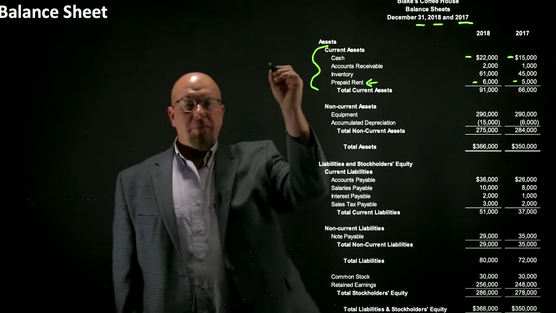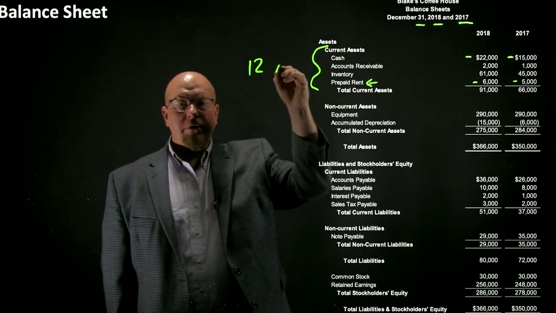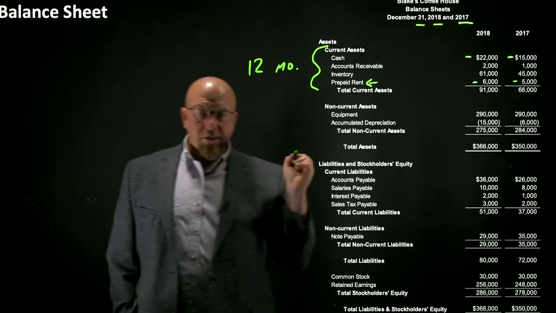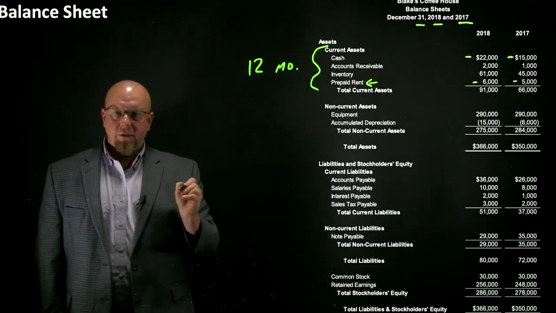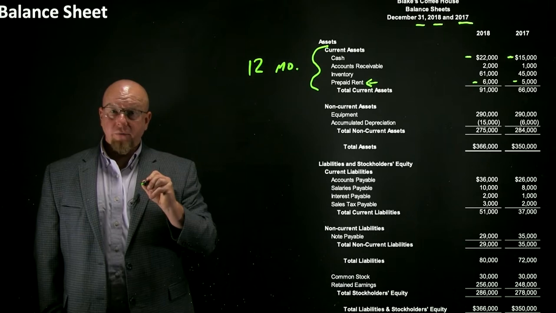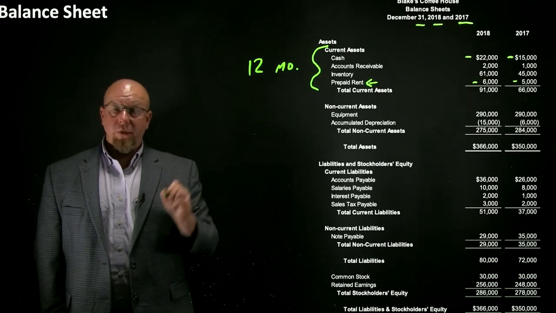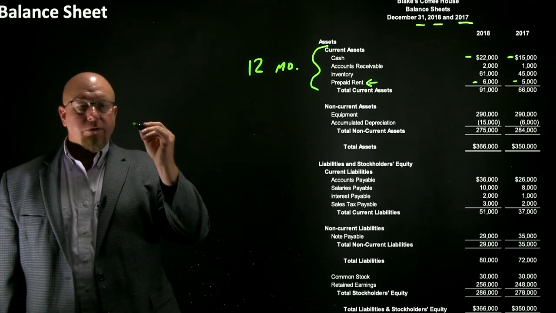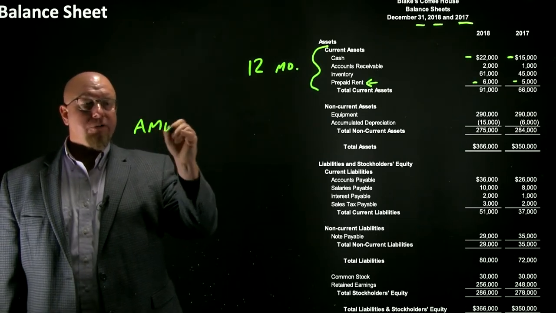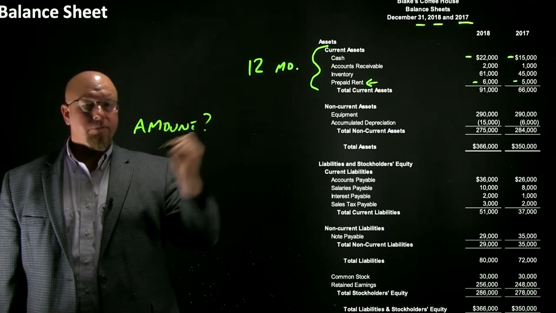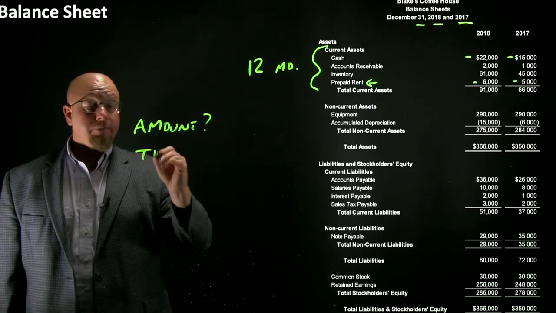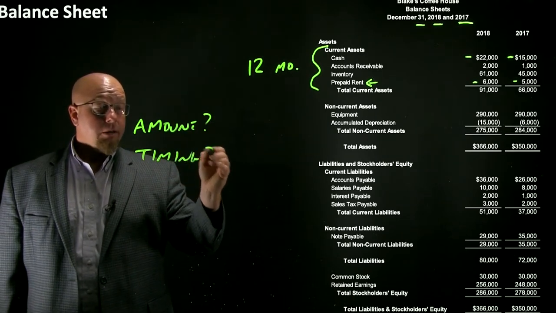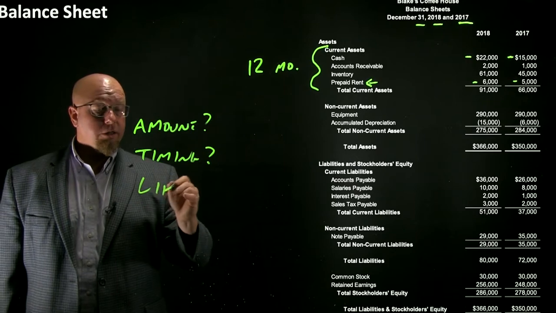So think about this as being within the next 12 months, these assets here are expected to become cash or be used up within those 12 months. Remember the future cash flows, right? The amount of future cash flows, the timing, and then the likelihood.